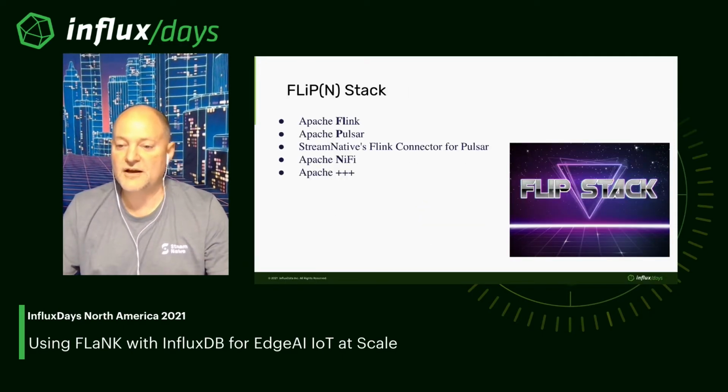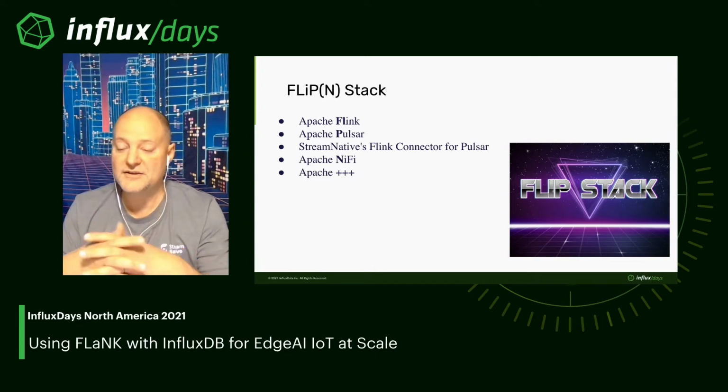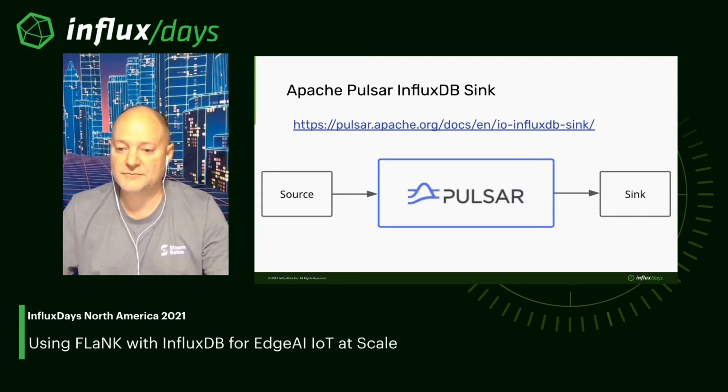I like to call the combination of different tools that work together really well the FLiP stack. The FLiP stack is Apache Flink, Apache Pulsar, Apache NiFi, connected together, and often really awesome tools like InfluxDB, which works out really well in the open source with the FLiP stack.